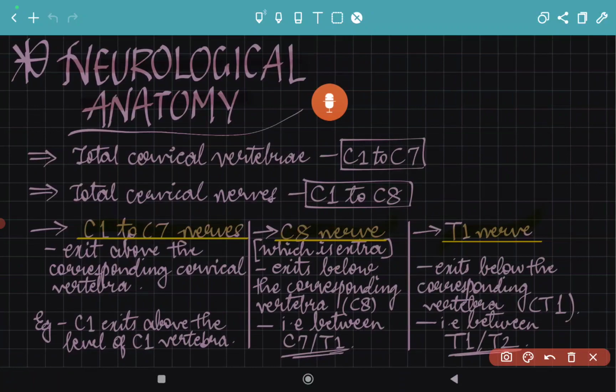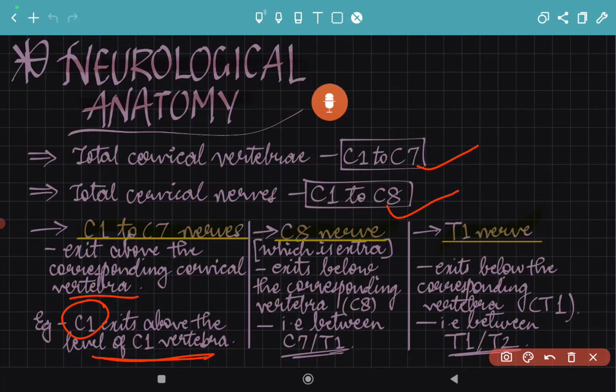As we just saw, there are total cervical vertebrae C1 to C7, but total cervical nerves are C1 to C8, 8 cervical spinal nerves. So C1 to C7 nerves exit above the corresponding cervical vertebrae, so C1 will exit above the level of the C1 vertebra.